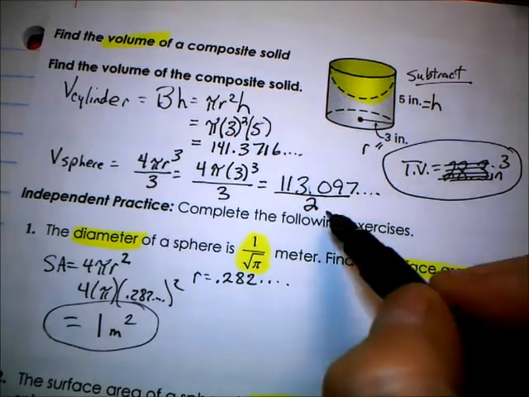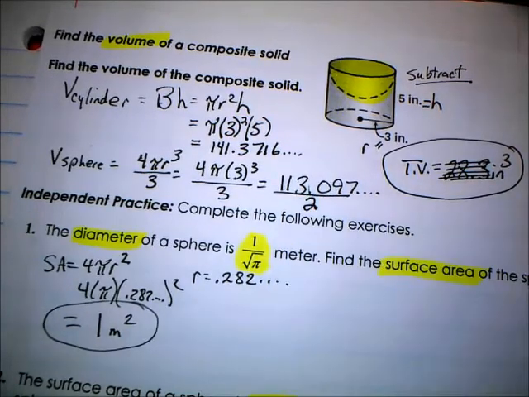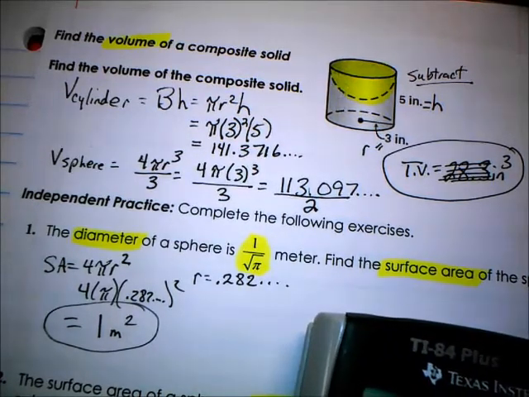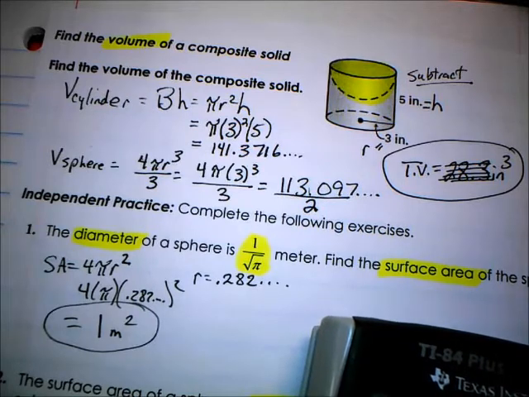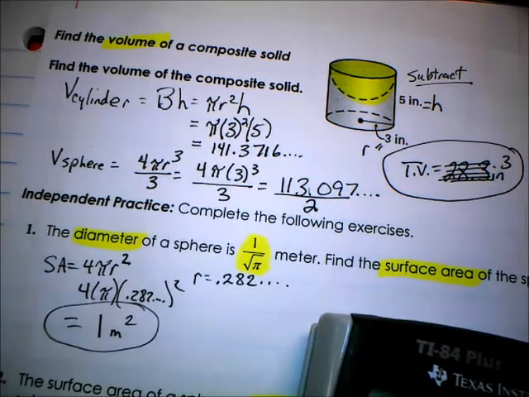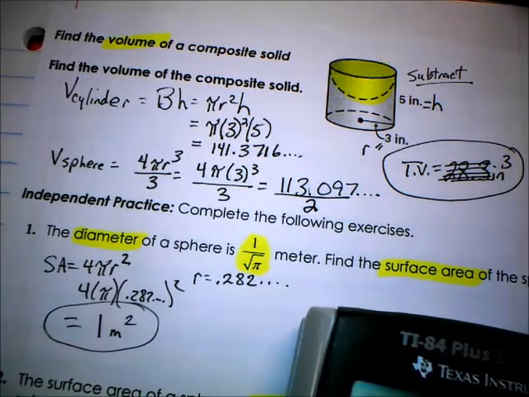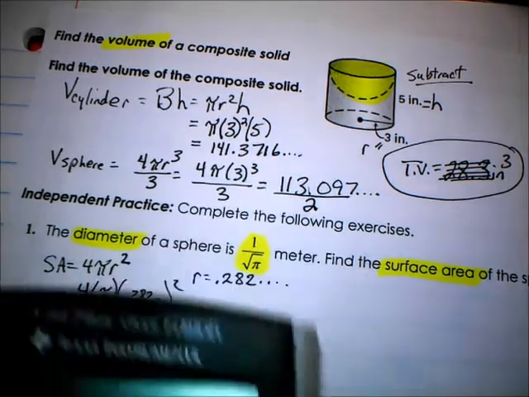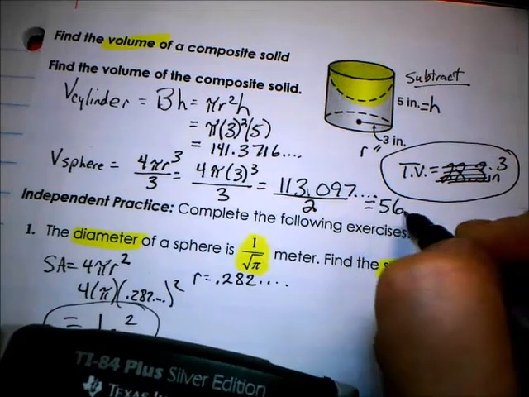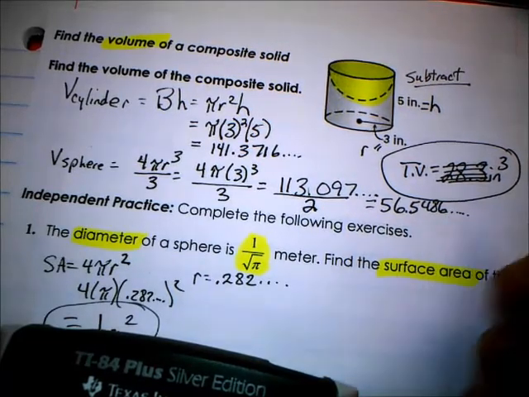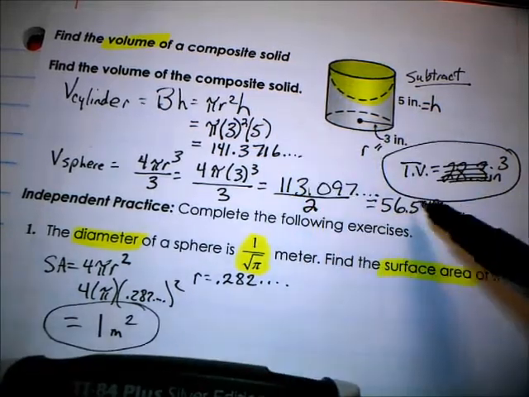Okay, so I need to take that value that I had there and correct it. This would be 4 pi times 3 cubed, and then divide by 3. I have to divide that answer by 2, and this should have been 56.5486, and on and on. So I need to go back to that one.